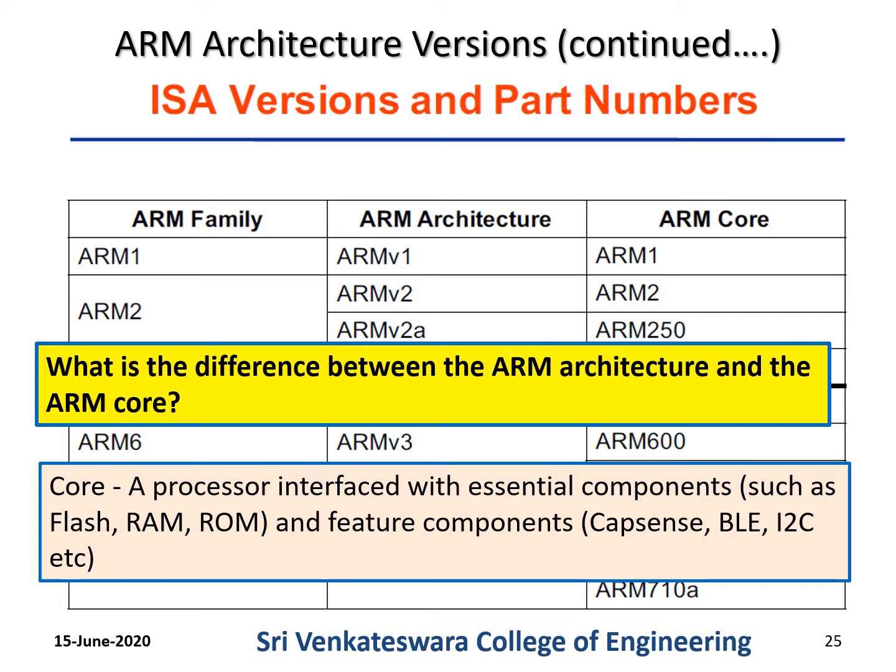ARM architecture indicates the set of instructions which can be executed by that hardware, and ARM core is nothing but a processor interfaced with essential components such as flash, RAM, ROM, and feature components such as capsense, BLE, I2C, etc. So ARM architecture is related with the underlying hardware, and the ARM processor along with additional essential components and feature components together is called an ARM core.